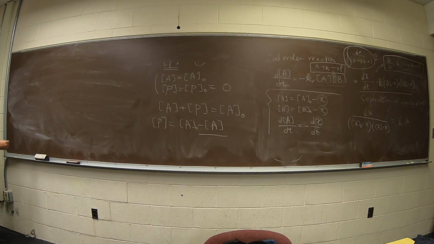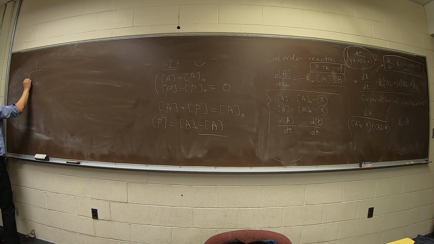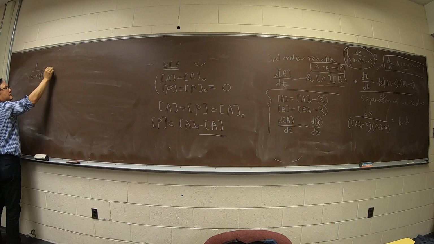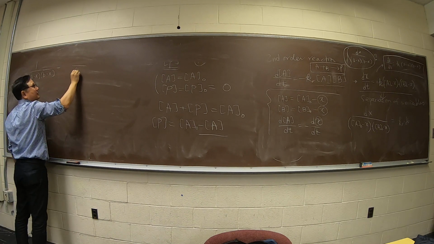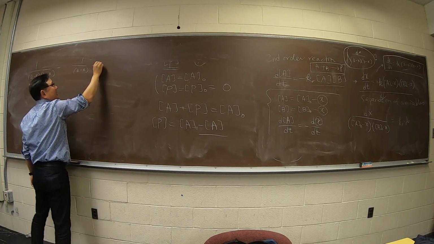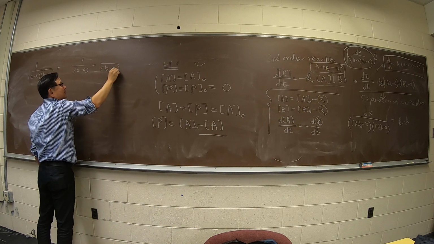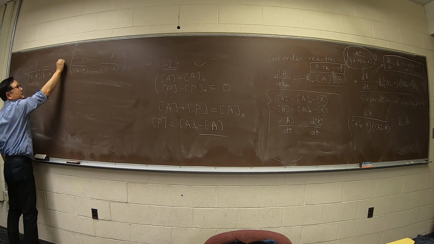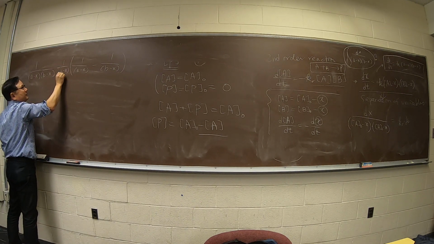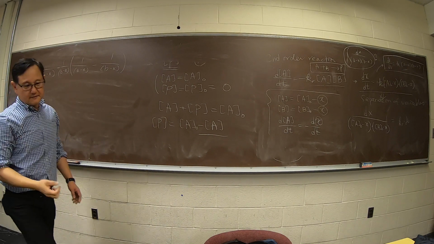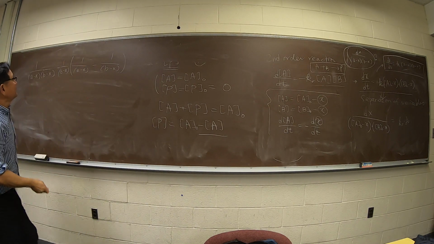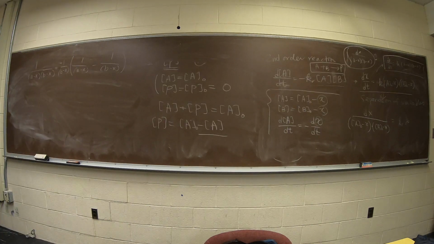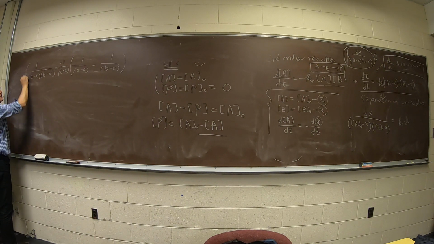And then, okay, I want to write it in a simple form: a minus x, b minus x. Remember that? This is a minus x minus b minus x, with b minus a equal to something, with a negative sign. So this is how you break this one into two pieces.